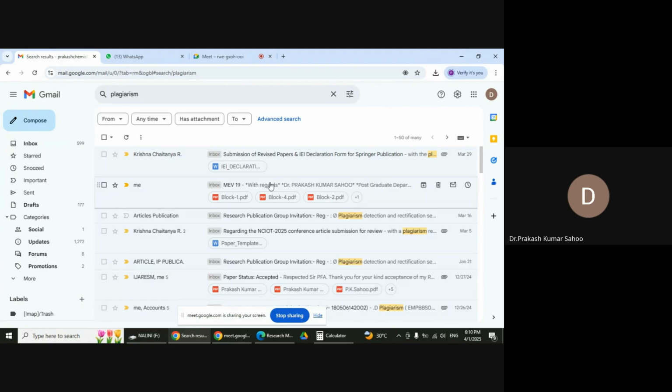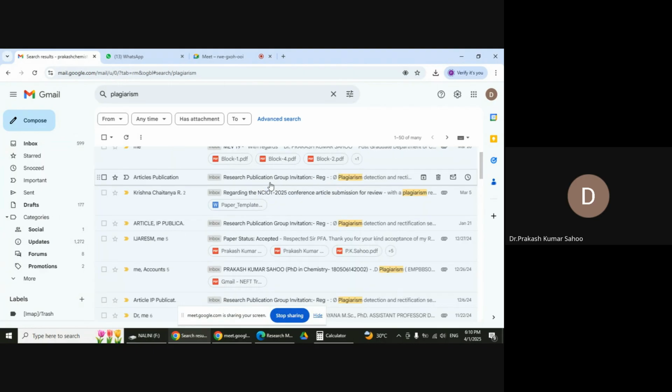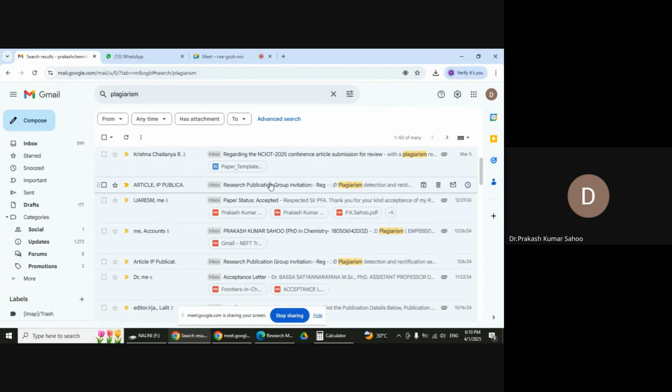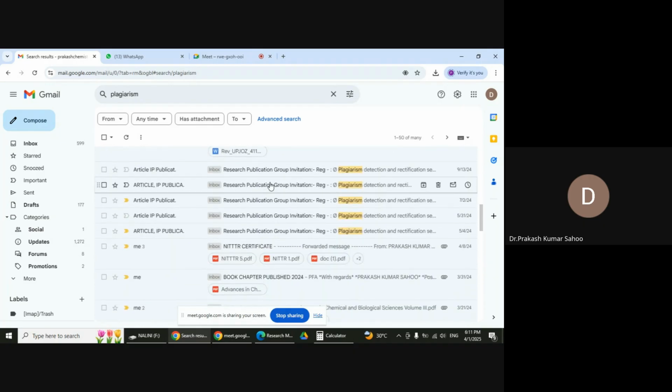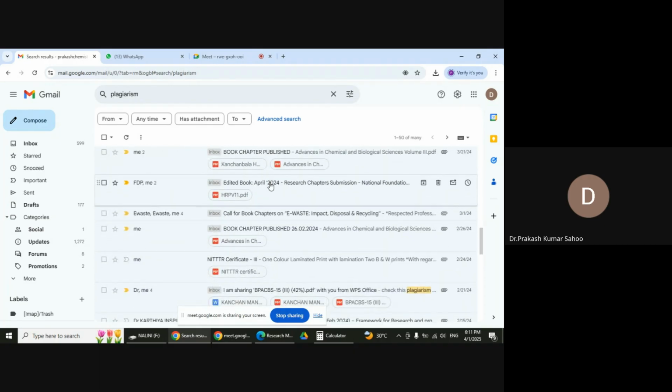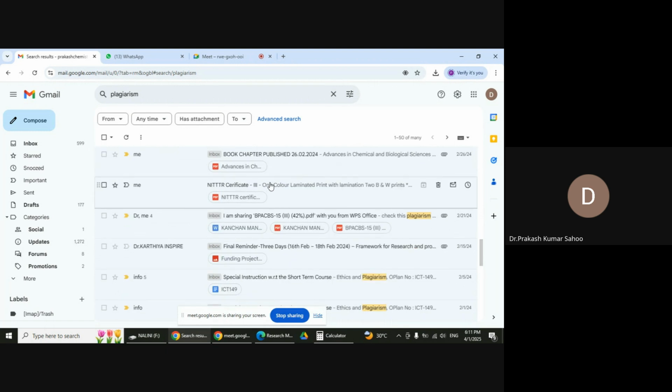During my PhD work, I checked my PhD thesis 7 times in plagiarism software. If you are interested in PhD work, then your plagiarism should be less than 10%.